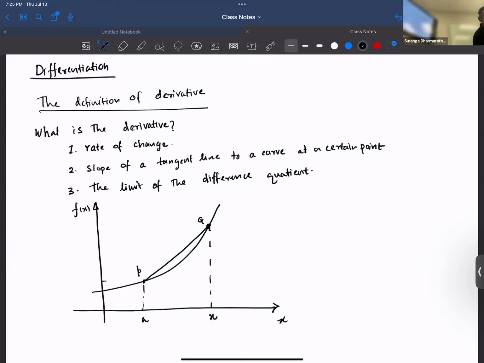And what is the function value for that x value of A? What is the function value? F of what? What is the value of the function? F of A. Very good. And then here, what is the value?